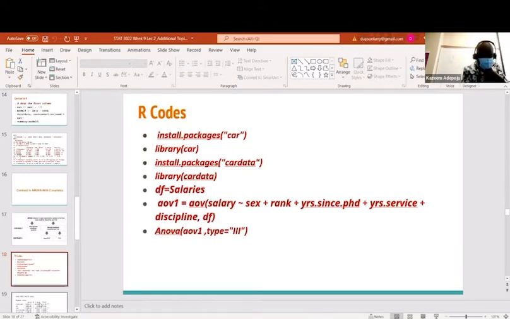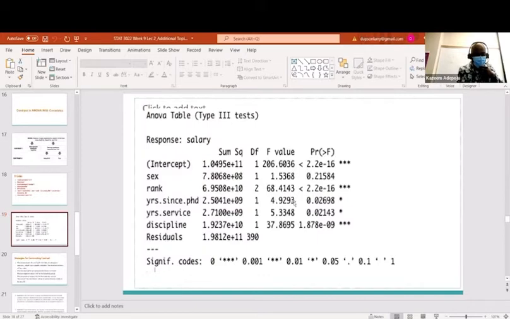Now, will you run that? I wanted to say this now. This result, you know what this result is telling us? At this moment, it is only telling us the rank is significant. If you look at the p-value associated with the rank, the rank is significant.